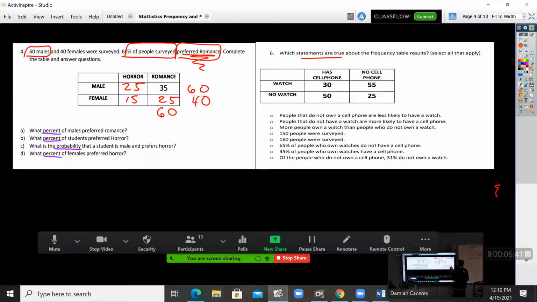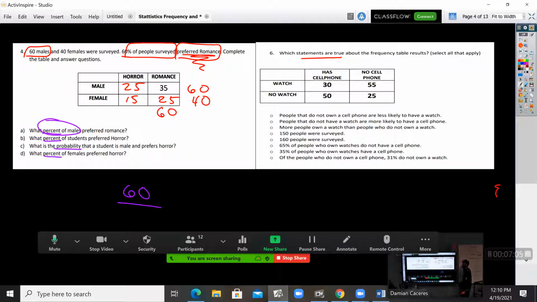The first question, what percent of males? Remember what I told you about the word of. What comes after the word of is going to explain what your total should be. So in this case, what percent of males? My total has to be 60, because there's 60 total males.